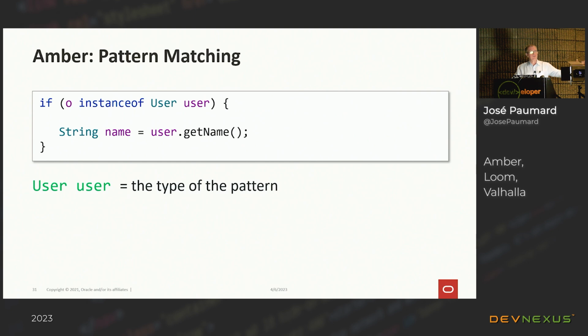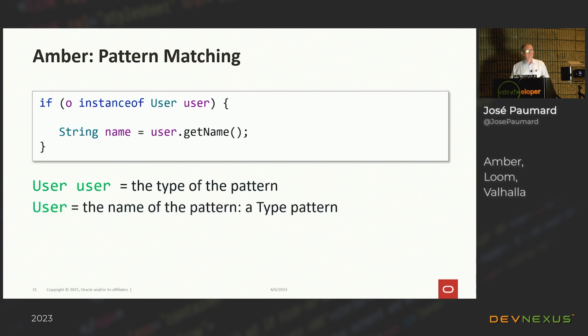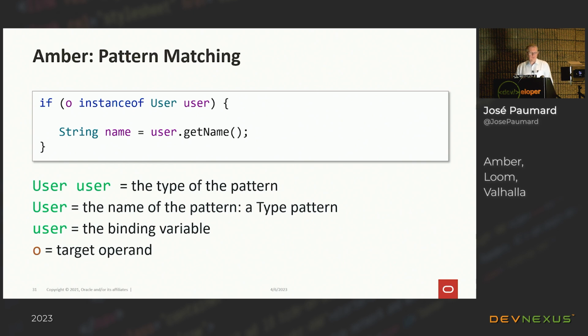It's a type pattern because what you are matching is really the type of O, checking for the type of O. You are matching with the class, and the user in lowercase, maybe I should have called it in a different way to make a difference, is called the binding variable or the pattern variable. As we are going to see, you can have more than one binding variable in a pattern. In this pattern there's only one, but you can have more than one. And O is the target operand. This is what you're matching.